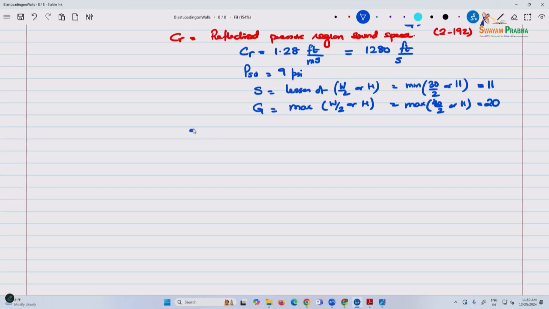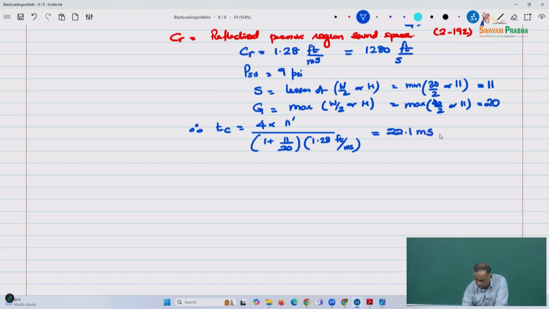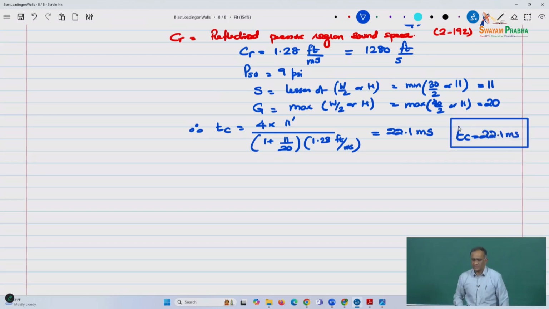And so therefore, I can calculate TC to be 4 times 11 divided by 1 plus 11 over 20 multiplied by 1.28 feet per millisecond. So this is feet out here. TC is 22.1 milliseconds.